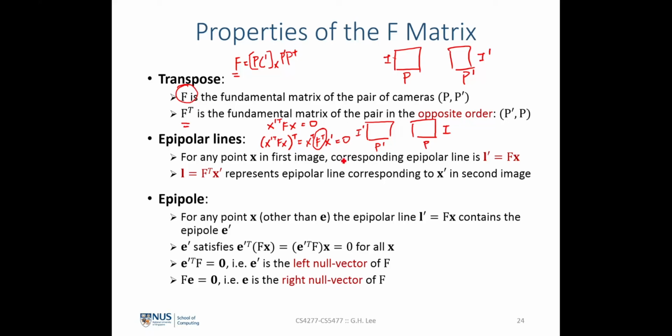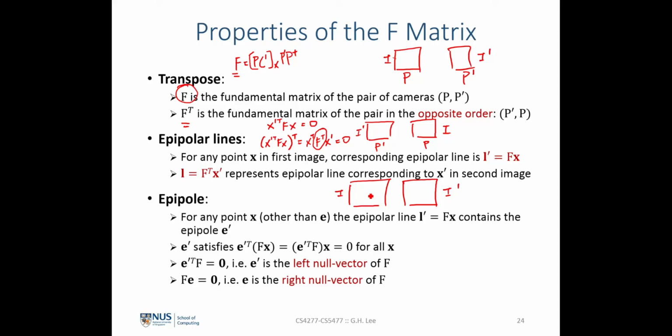Here's some property of the epipolar line. For a point in the first image, the corresponding epipolar line is L prime equals F X. If we look at it the other way around, L equals F transpose X prime, which simply represents the epipolar line in the corresponding image. What this simply means is that we have two views, I and I prime.